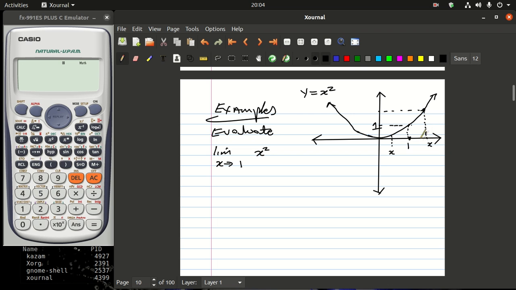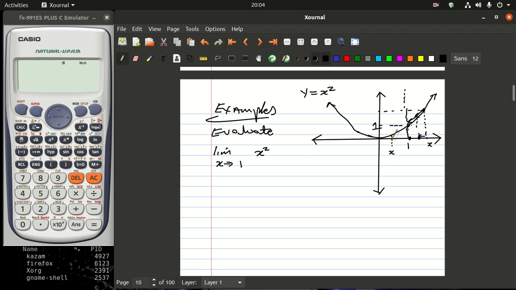If I keep picking another point, moving from this point to that point, the function is going to move from this point to that point. And if I pick another point so close to 1, the output will be moving close to that point there. I'm going to place dotted lines going all the way.